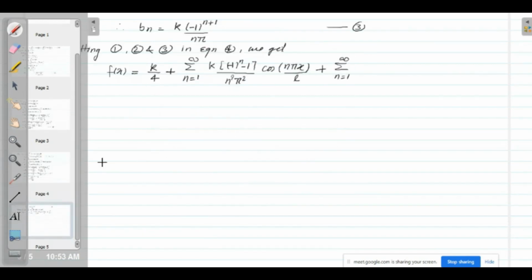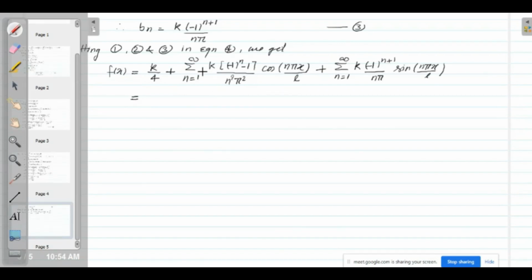Bn is this one, k times minus 1 raised to n plus 1 divided by n pi, and sine n pi x by l. But l is what? We found l is 1.